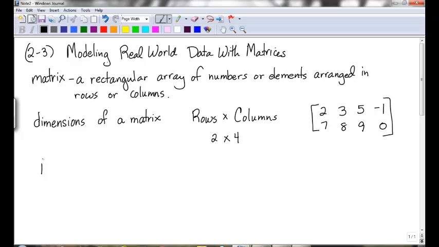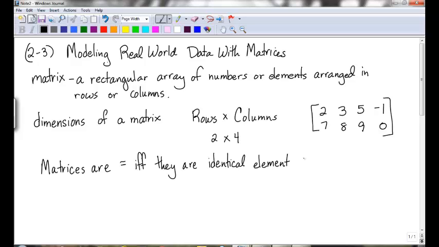Okay. Matrices are equal if and only if they are identical, element by element, and have the same dimensions.